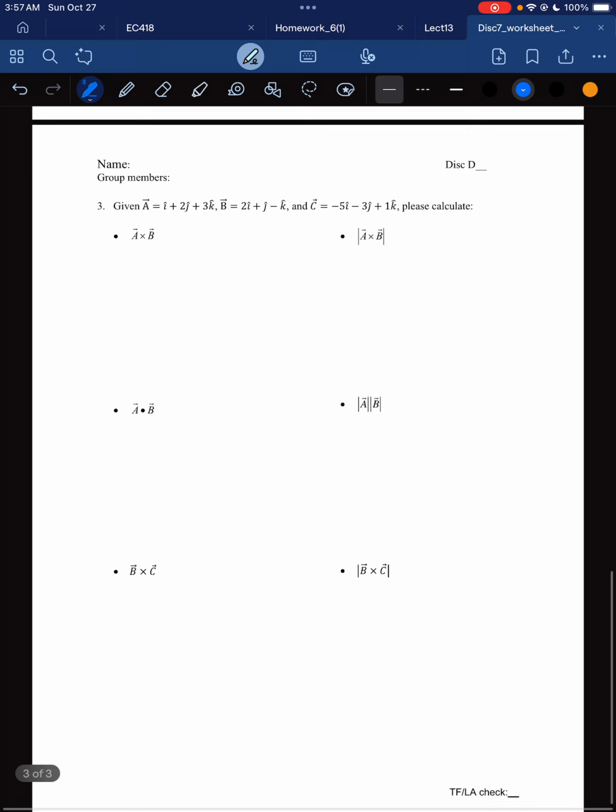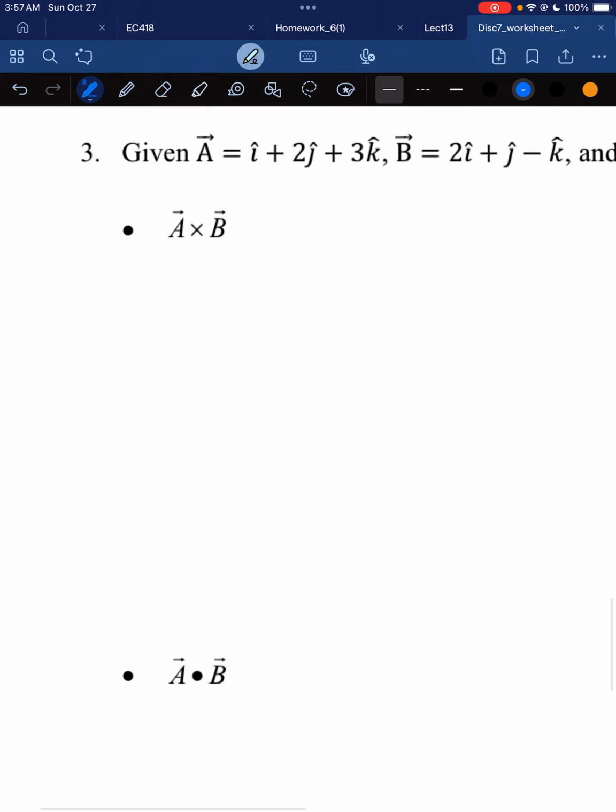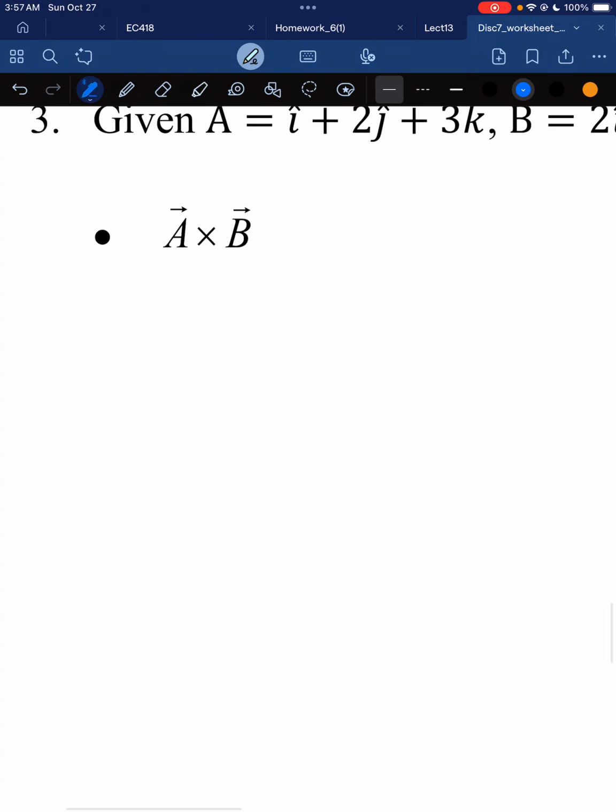And then this last page of the discussion worksheet is all about vectors, namely the cross product, dot product, and the magnitude of vectors. So for A cross B, you can find the cross product by taking the determinant of a 3x3 matrix. And so our 3x3 matrix is going to look like this.